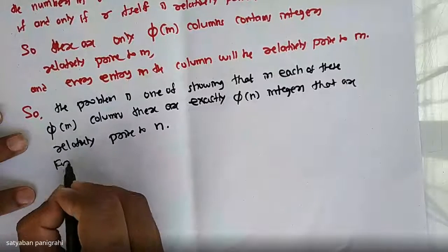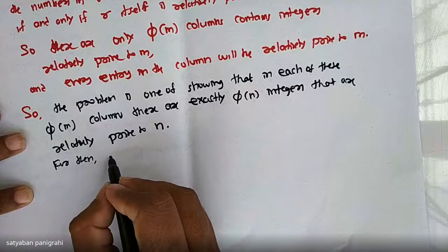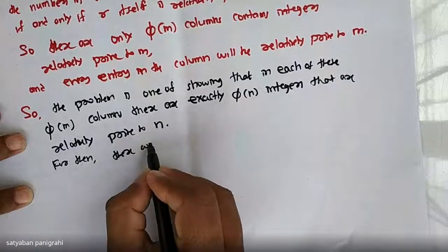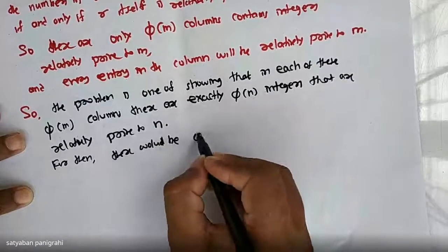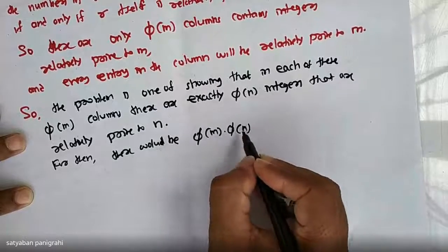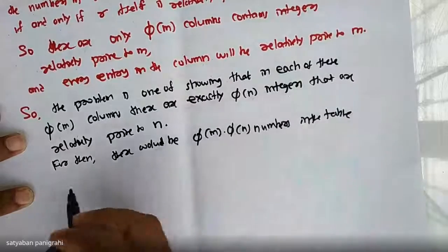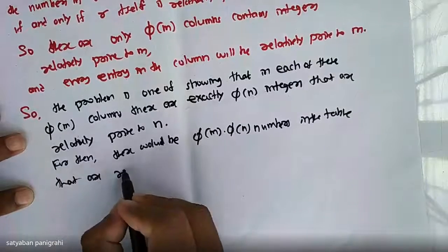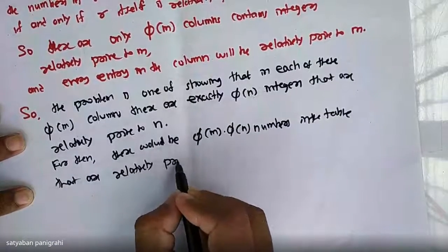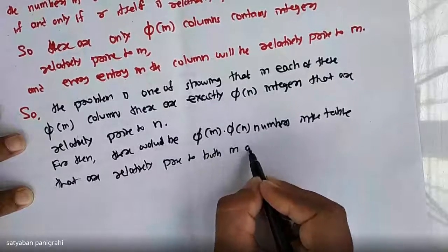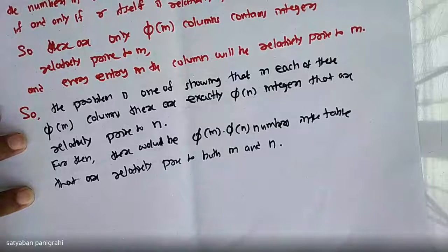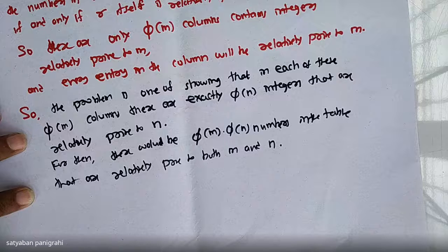For then you can say there would be phi of m into phi of n numbers in the table that are relatively prime to both m and n. Okay, clear? Clear to all? Yes, sir.